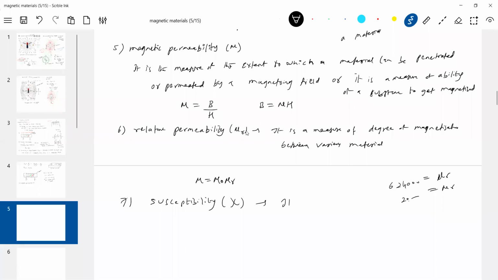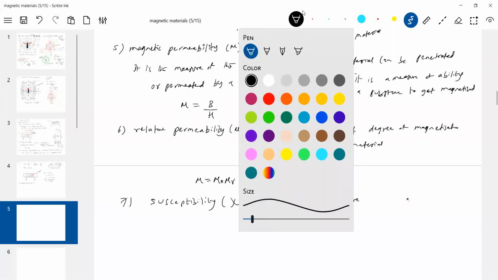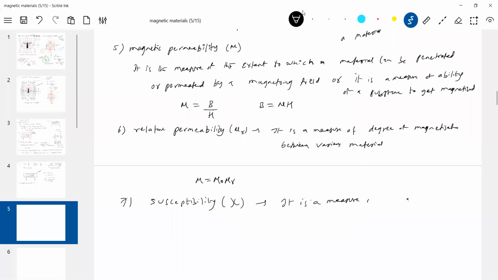It's a measure of the nature of magnetization in a material.